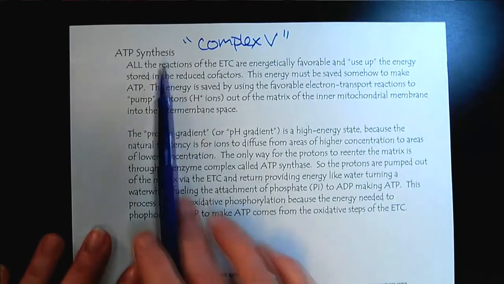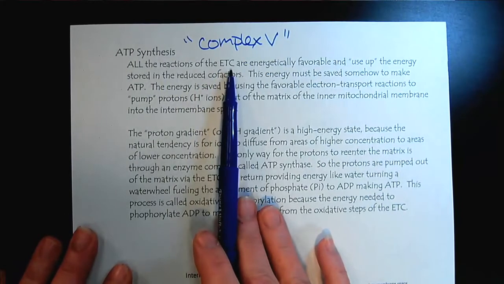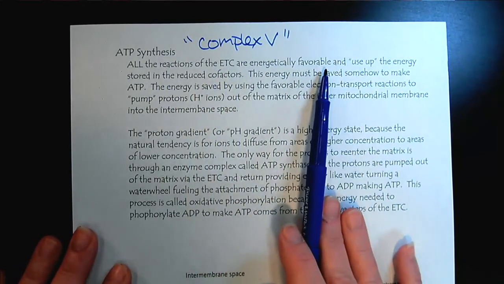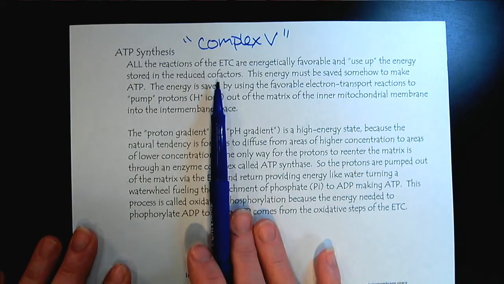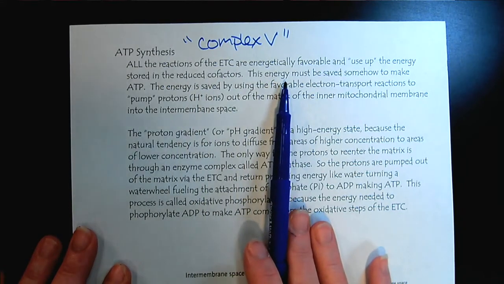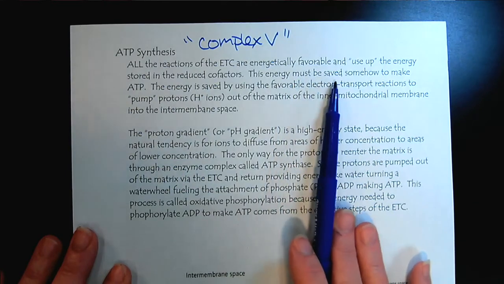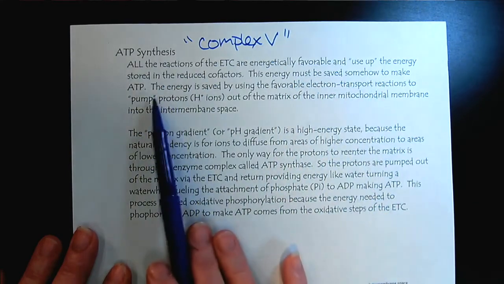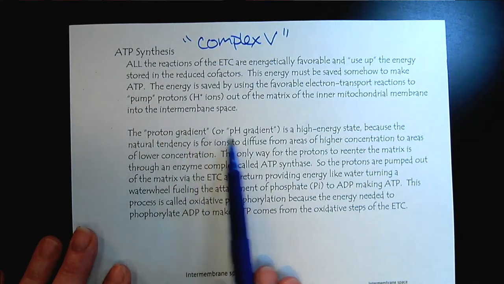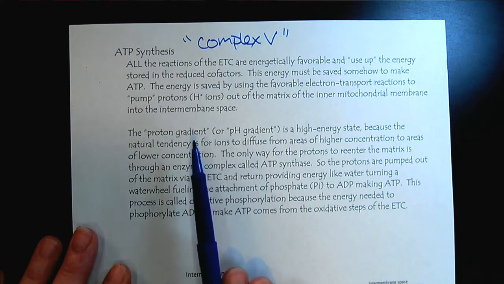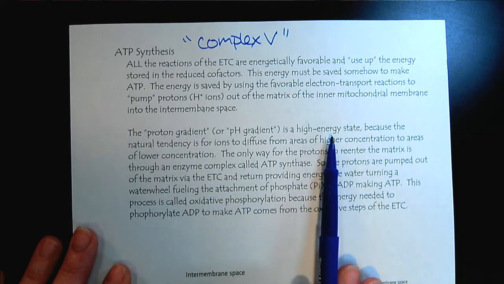All of the reactions in the electron transport chain are energetically favored and use up the energy stored in the reduced cofactors, but this energy must be saved to make the ATP. That happens through the creation of the pH gradient or proton gradient, which is a very high energy state.